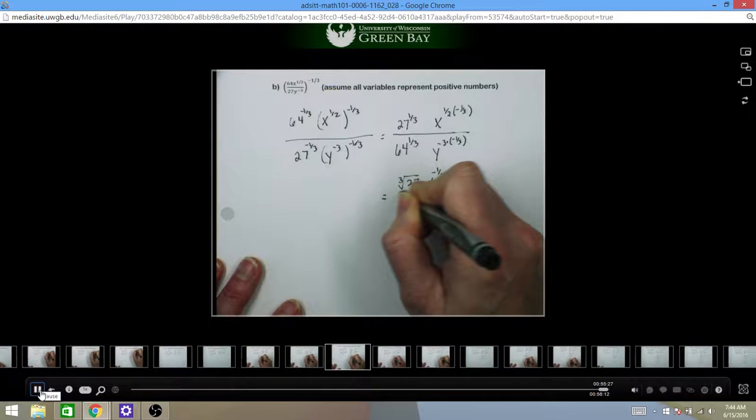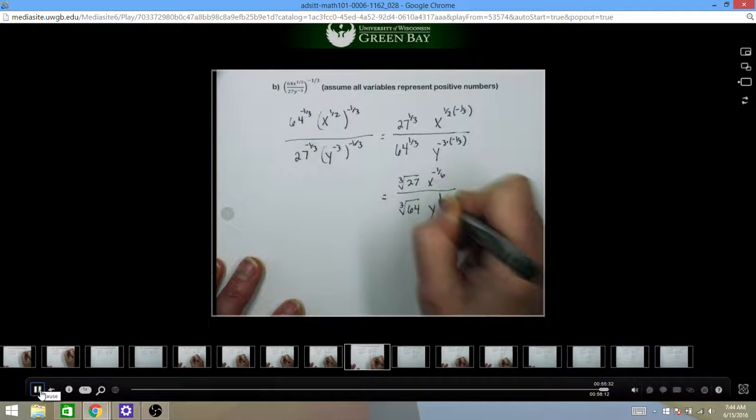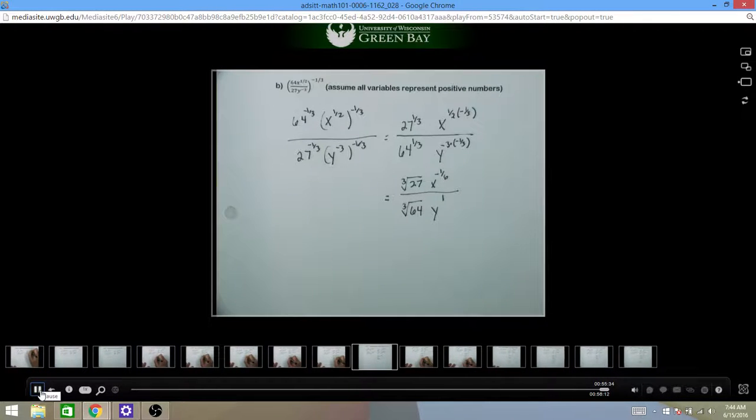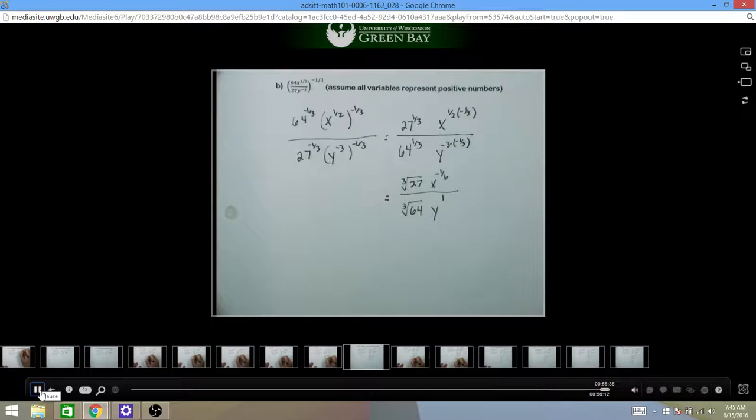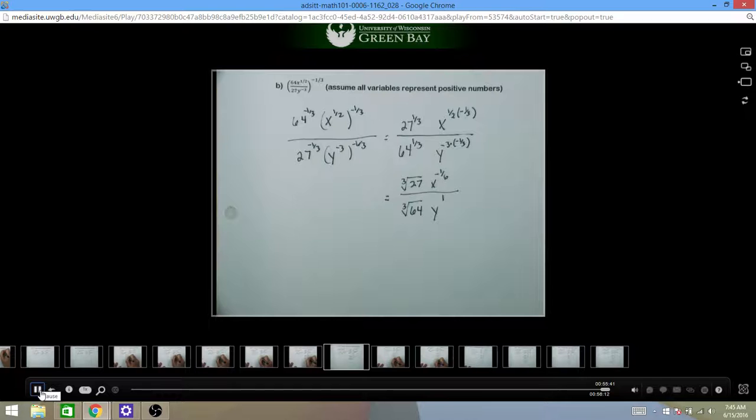And 64 to the 1/3, that's the cube root of 64. And the exponent 1/2 times negative 1/3 would be negative 1/6. And negative 3 times negative 1/3 is 1.